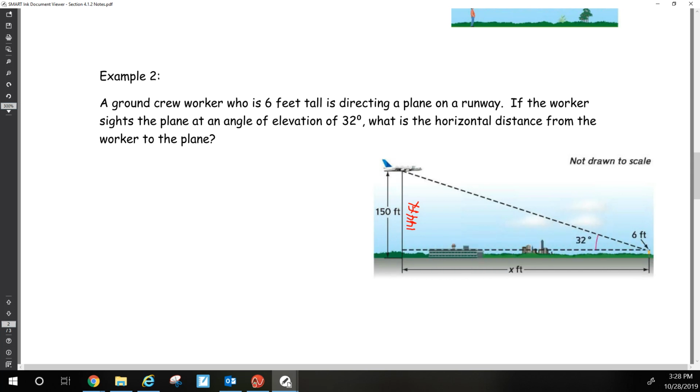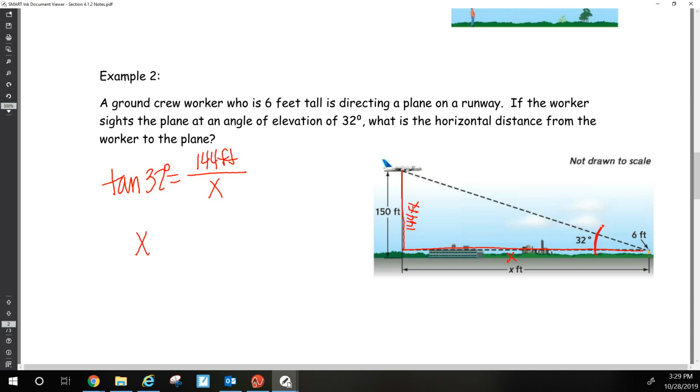So now for this triangle, this is what we're looking for, and that's still x. I've got this angle, which is 32 degrees, and this piece of the triangle is 144. So here's my angle. I've got opposite, adjacent, so I'm going to use tangent. Tangent of 32 is equal to 144 feet over x.